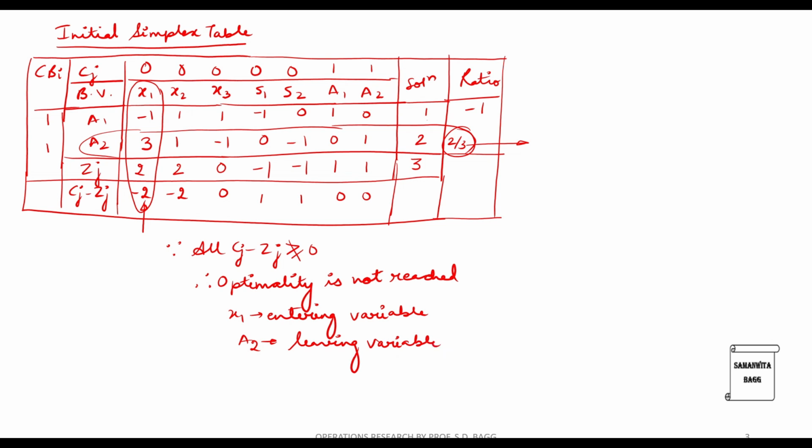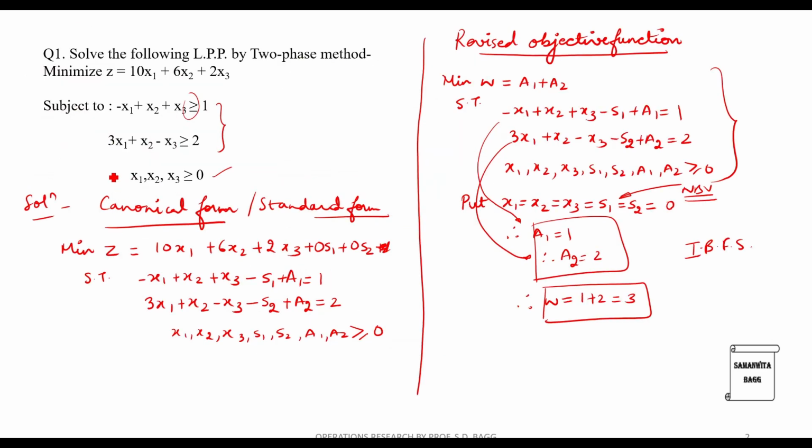So now what we will do is we are going to go for iteration 1. Now if you observe, what we are doing is we are still in the phase 1. You can write over here, this is the phase 1 solution. Now I will write here iteration 1.